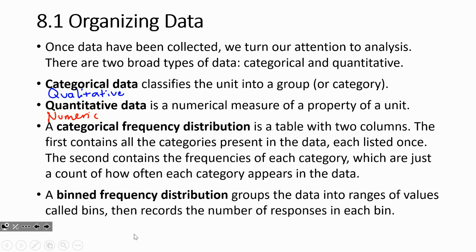One quick note about categoric data: you can have categoric data that is represented in numeric form. So it's not always as simple as, did I get a word response or did I get a number? Examples would be postal codes or zip codes.